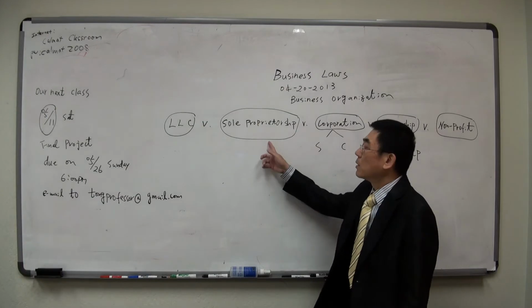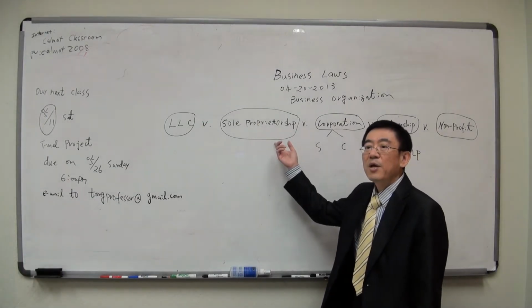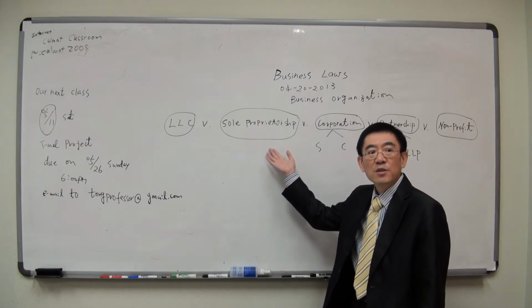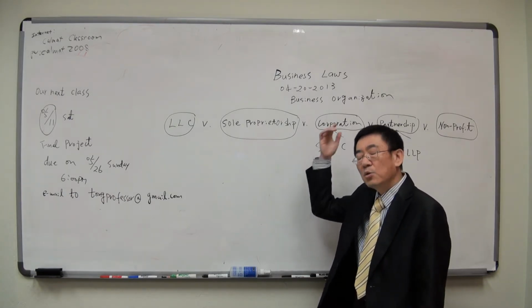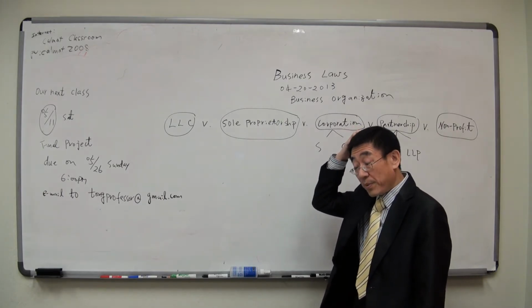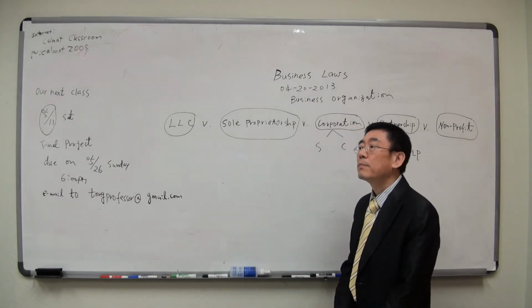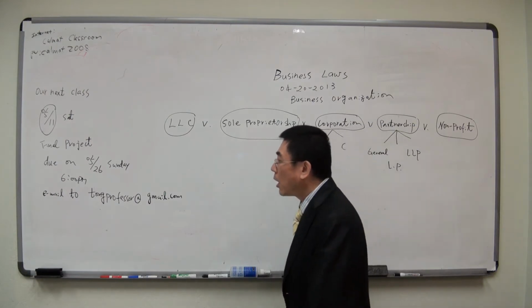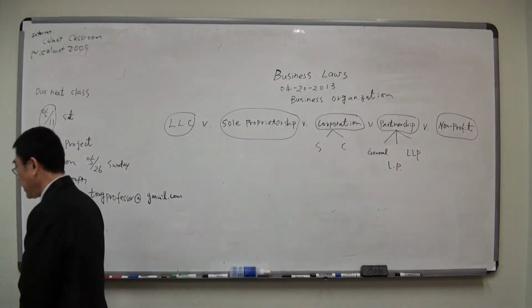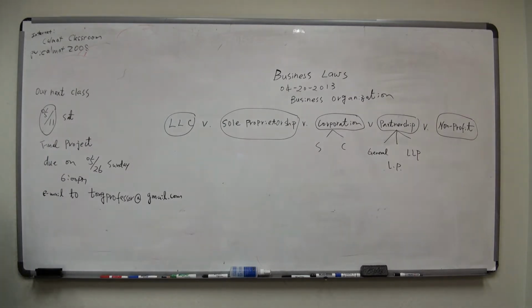Tell me, what's the major benefit if you choose sole proprietorship? Simple. Oh, by the way, how many owners could there be? What is the maximum number of owners? Only one.